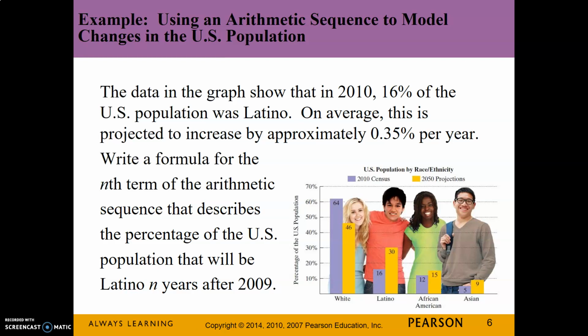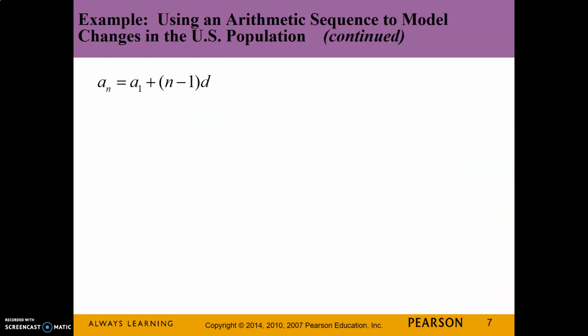So what we first want is a formula for the nth term of the arithmetic sequence that describes the percentage of the US population that will be Latino n years after 2009. So we start with our general form for an arithmetic sequence. We were given a bit of information. For example, we have the first year after 2009, aka 2010, we have the percentage of the population.